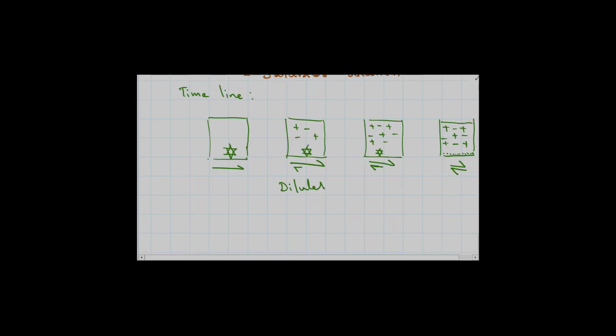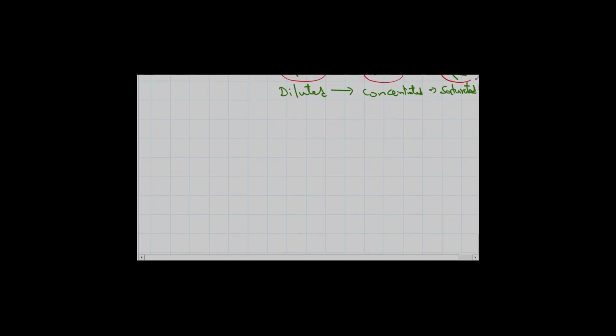That's the final one. Look at the arrows, right? If you look at diluted, concentrated, saturated, it shows first a lot of dissociation and then equal rates. That's another way of looking at, and explaining, dilute, concentrated and saturated solutions.